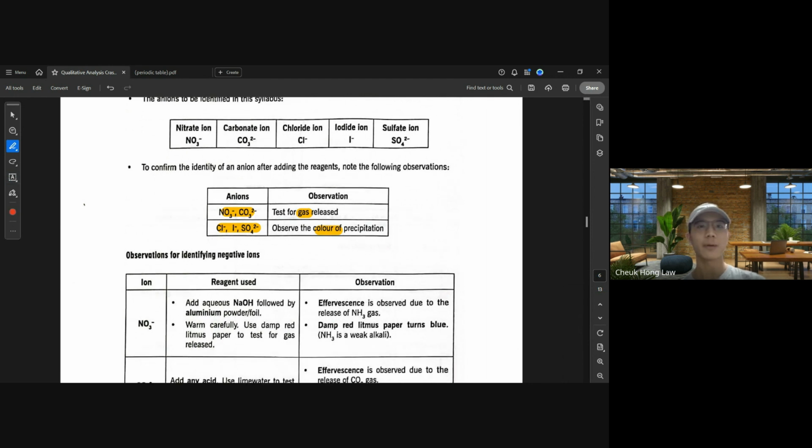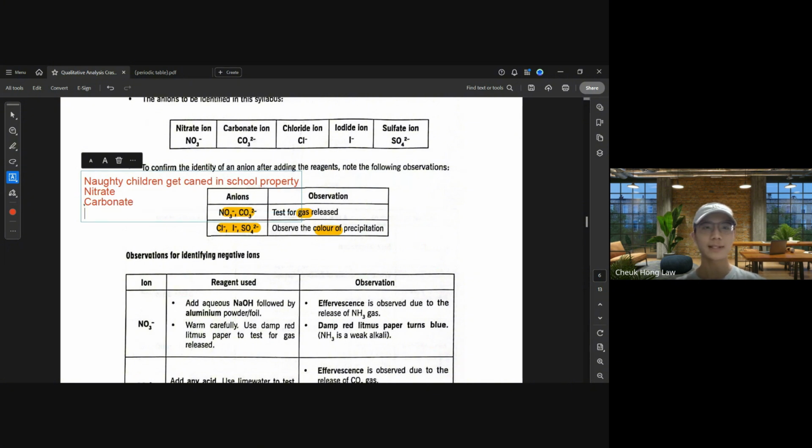Again, I have a memory shortcut for this. Naughty children get cane in school property. N will be nitrate, your nitrate ions. C will be carbonate.